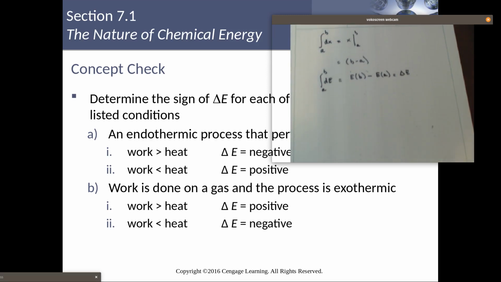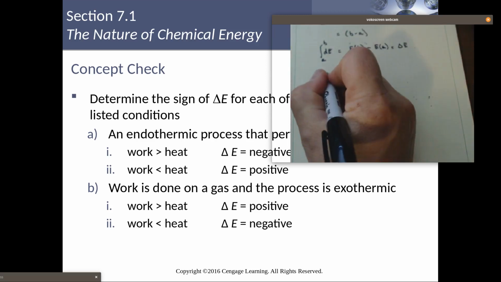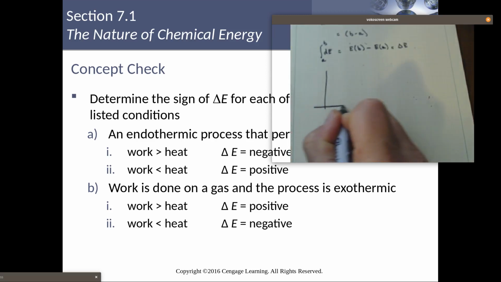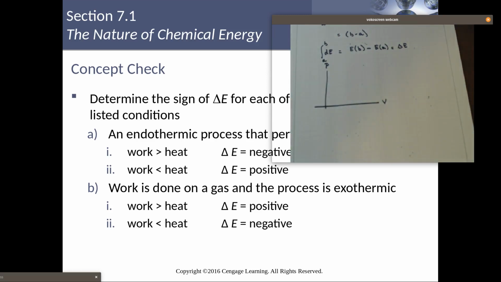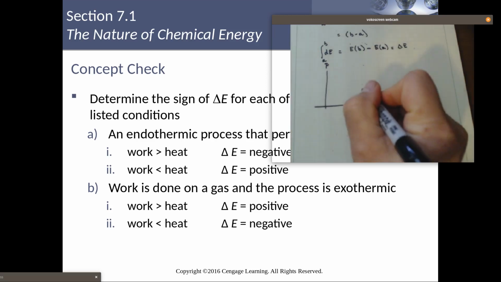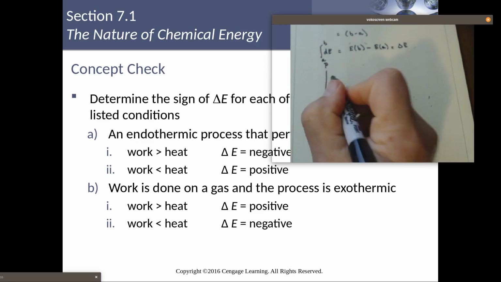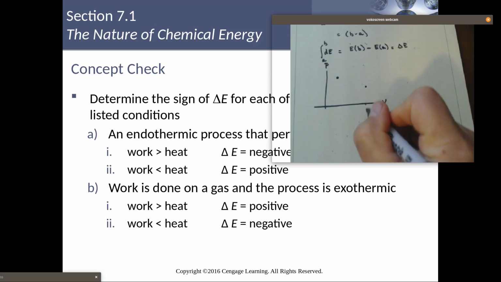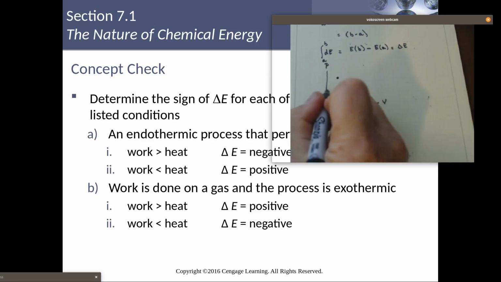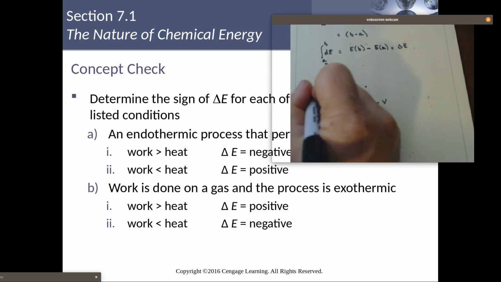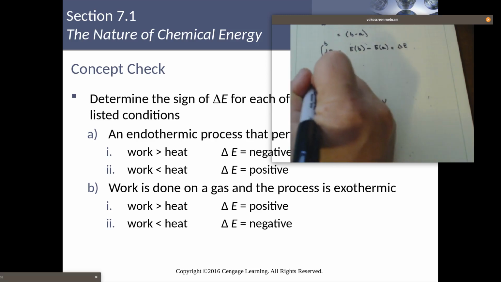For example, if I were to make a plot of the volume of the system versus the applied pressure, and I ask myself, how much work is done in moving the system from some volume initial to some volume final, versus going from some pressure initial to some pressure final.